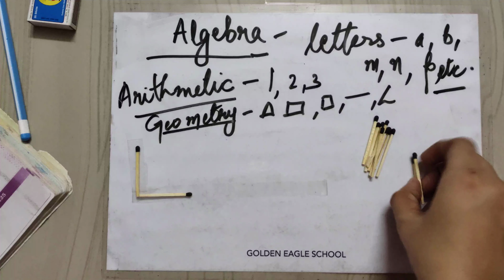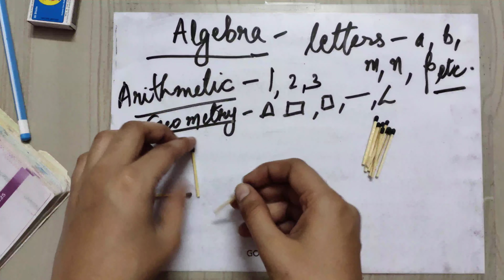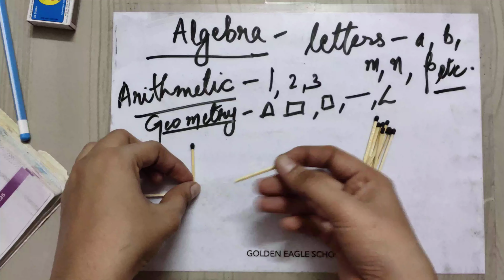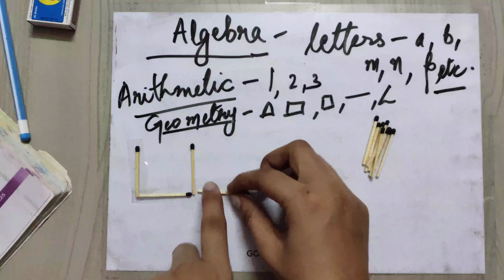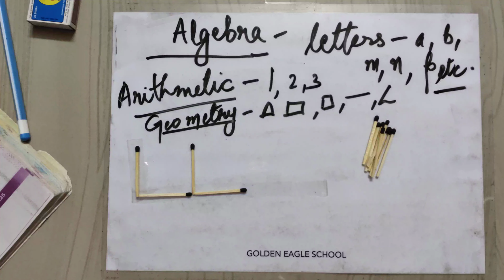Now I take two more matchsticks and form one more L. How many matchsticks are there in total now? 1, 2, 3, 4. We can count it.